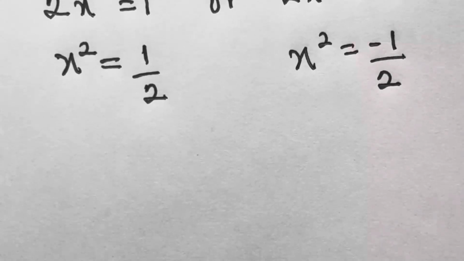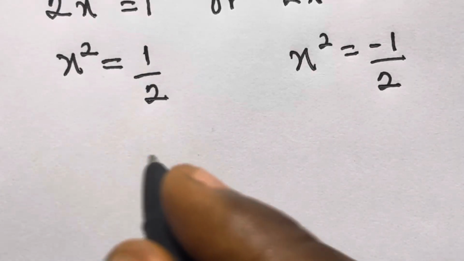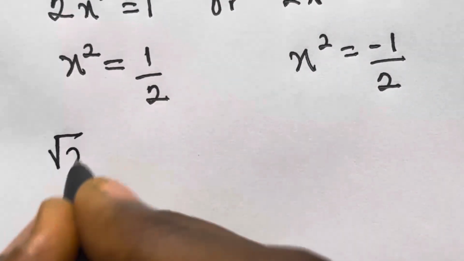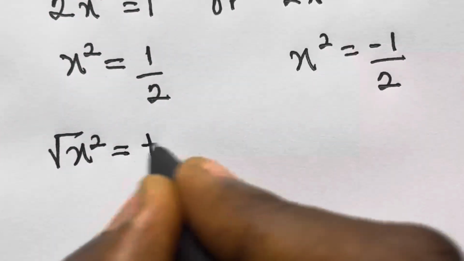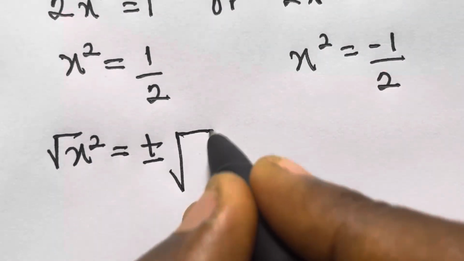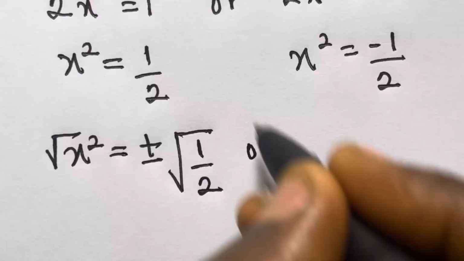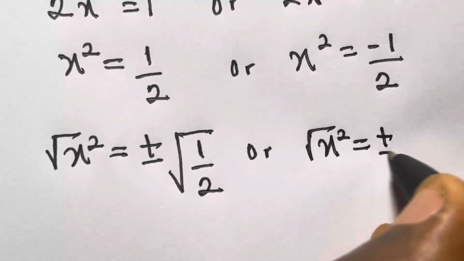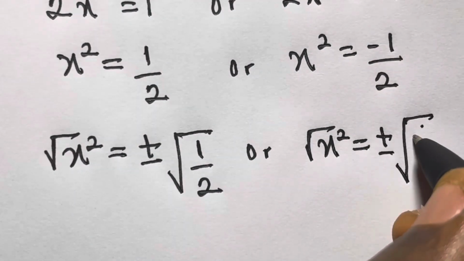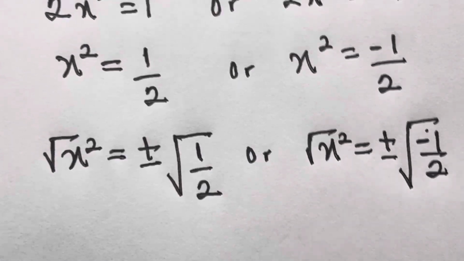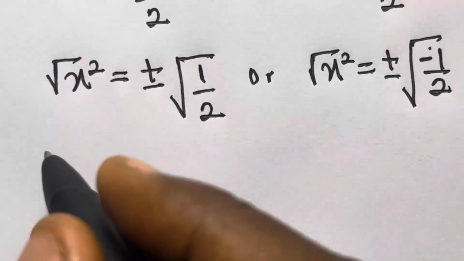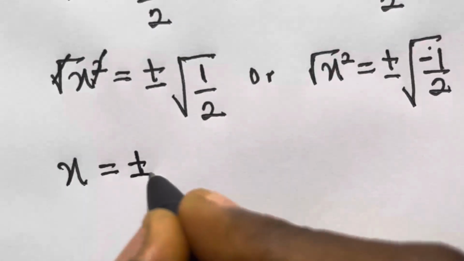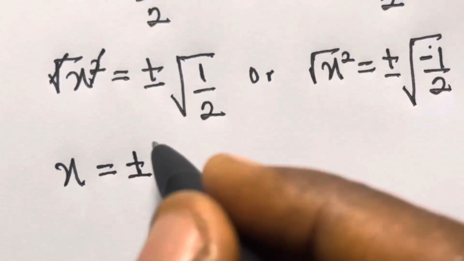So let's move further. From here, we take the square root of both sides, because we just want to cancel this square. We'll have x equals plus or minus the square root of 1 divided by 2, or here, the square root of x² equals plus or minus the square root of -1 divided by 2. We cancel this, and we will have x equals plus or minus, and we distribute this square root to both 1 and 2.